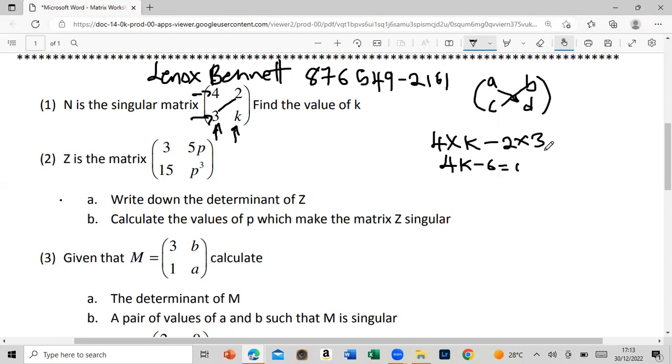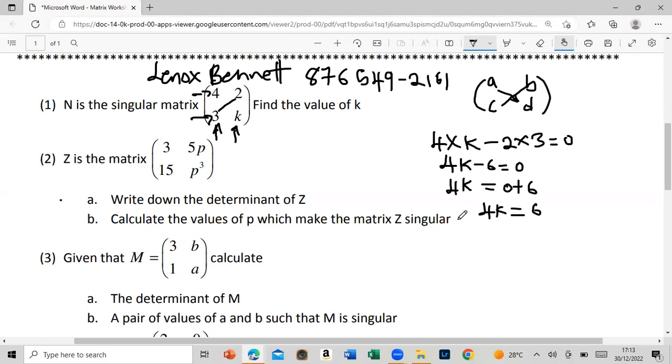All we have to do now is solve for the value of K, and that would be our answer. Very easy. So let us transpose. This is a minus 6, so we subtract 6 from both sides. It will be 0 plus 6, so 4K is equal to 6.